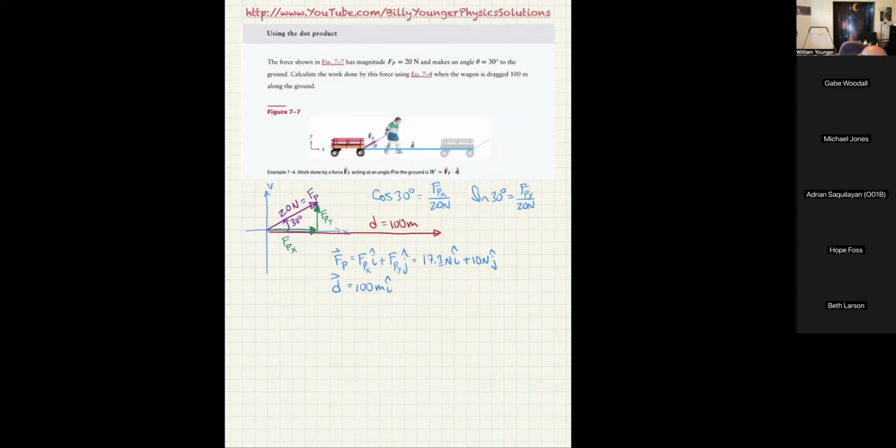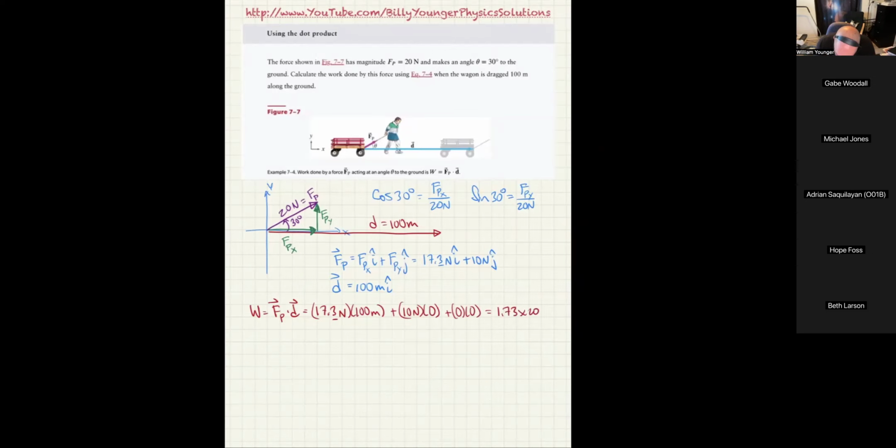So I can finally say work is equal to FP dot D, which equals 17.3 newtons times 100 meters plus 10 newtons times 0 plus 0 times 0, because neither one of them has any z components.